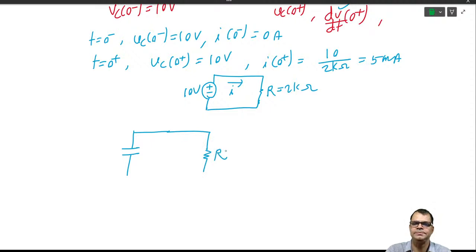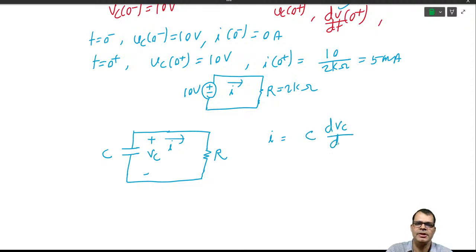This is your R, this is your C, this is your VC, this is your I. Clear? So you can easily write I is equal to minus C dVc/dt, negative sign because the current is flowing opposite to the voltage.